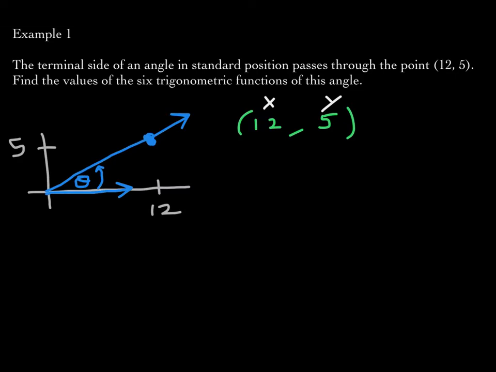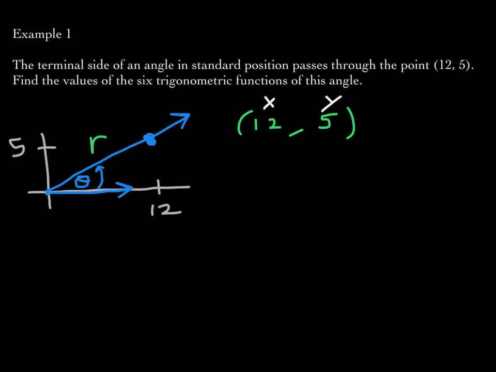Also, don't forget that all of your 6 trig functions are defined by ratios between 3 different distances, x, y, and r. We know what x is. It's 12. We know what y is. It's 5. What we do not know at the moment is r. And this would be r right here, everybody. The distance from the origin to this point, 12, 5.